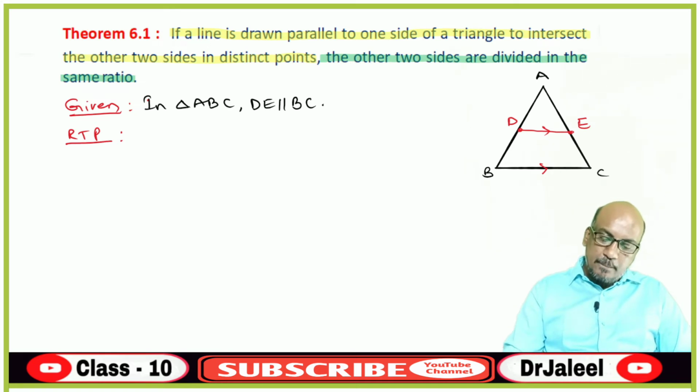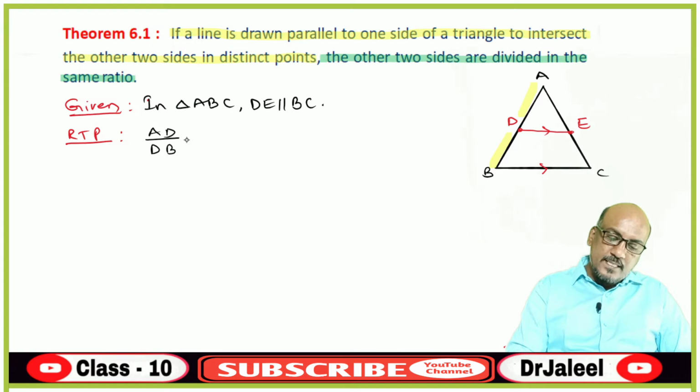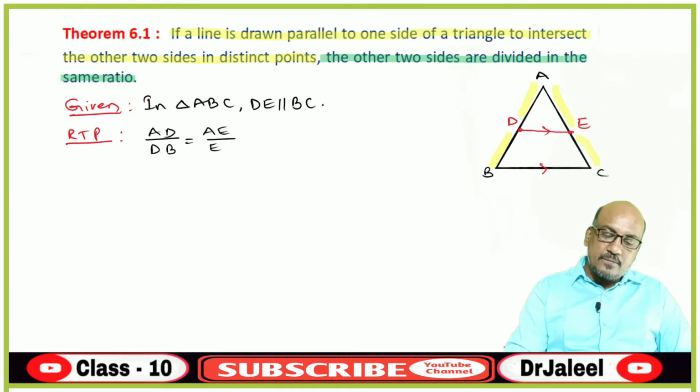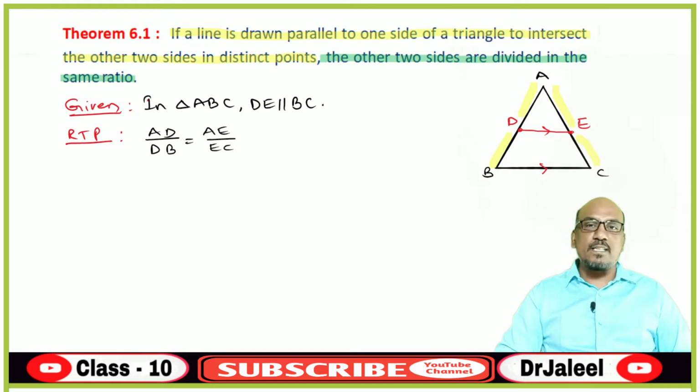That means here part by part on the left side, that is nothing but AD by DB is equal to right side again part AE by another part of the line, that is EC. So AE by EC. I hope you have understood what is RTP.